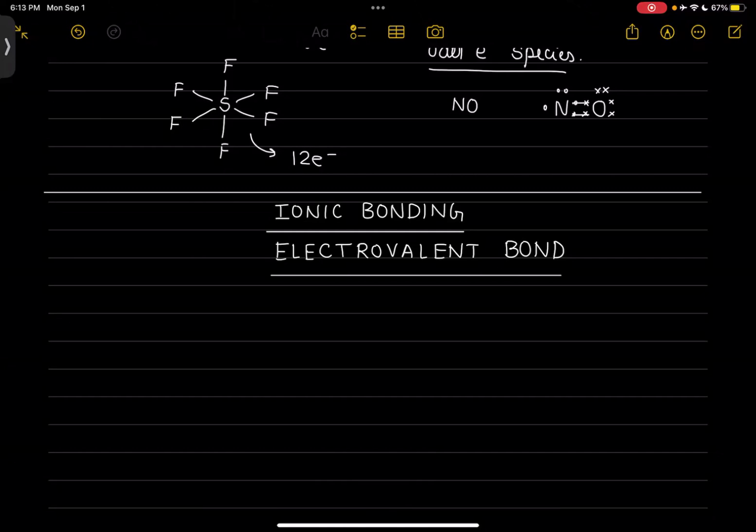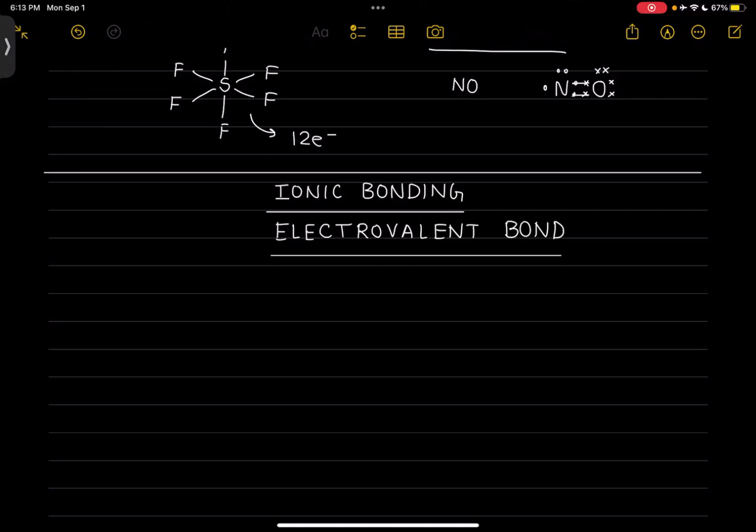The complete transfer of electrons from metal to non-metal, leading to the formation of a cation and an anion. Right? You will say it like this. And the cation and anions are held by electrostatic force of attraction, and that electrostatic force of attraction is known as ionic bond. Clear?